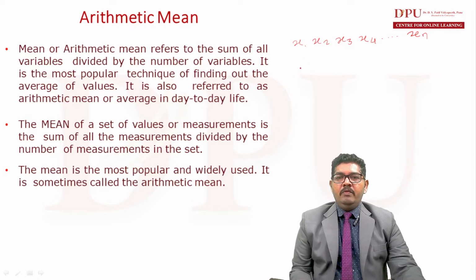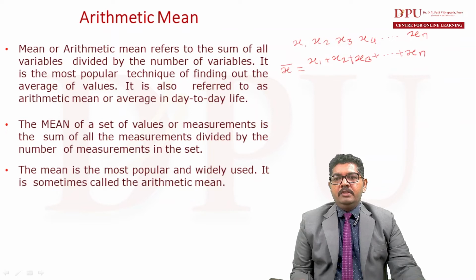The arithmetic mean is generally denoted by x bar, which is equal to, what is the numerator? Sum of all the variables: x1 plus x2 plus x3 plus dot dot up to xn.